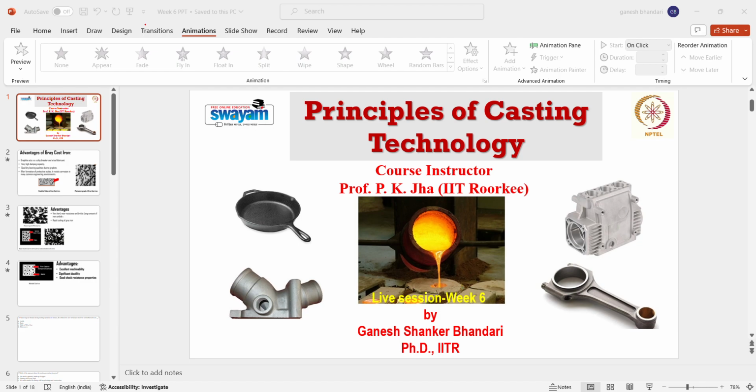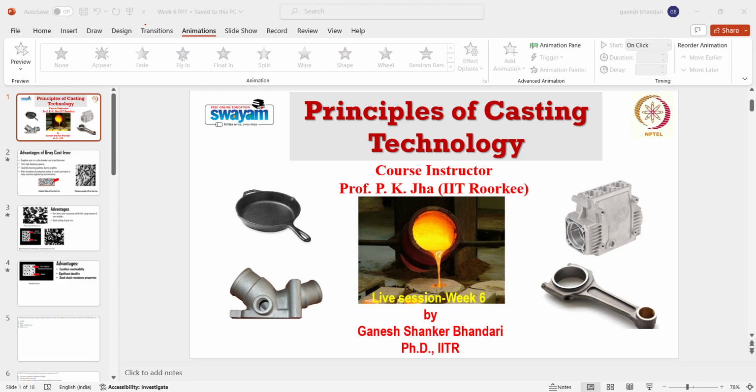And if it is going to more than 0.8% carbon, then we will talk about hypereutectoid steel. When we are talking about eutectic steel, that will be the particular point at that particular temperature only, then you are going to get that eutectic steel or peritectic steel.